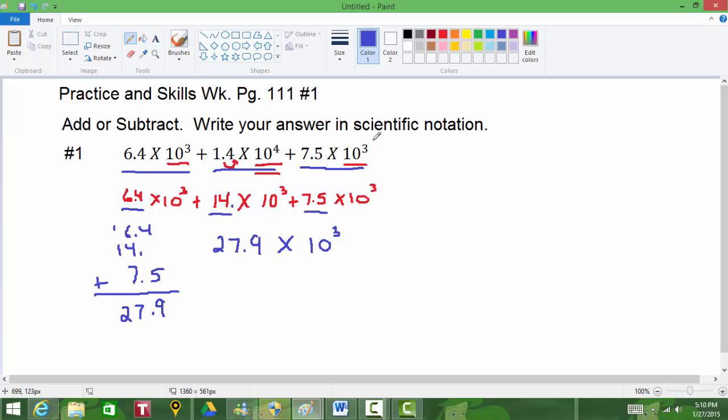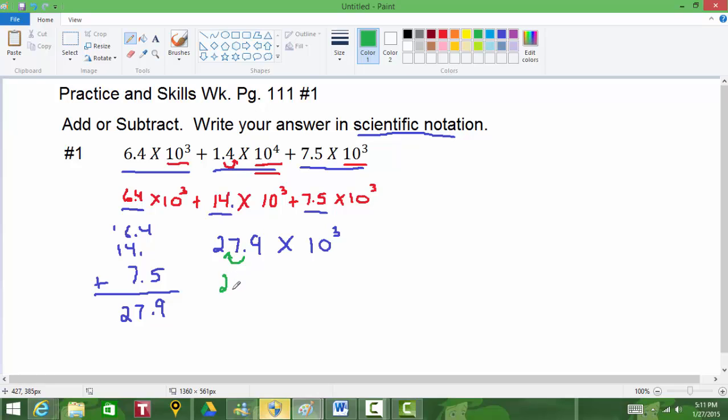Now on our problem they asked for our answer to be in scientific notation. One thing you're going to notice is this is not in scientific notation because this first factor is not between 1 and 10. So we're going to have to change it. Let me change colors real quick. Okay, to put this into scientific notation, I need to move this over one place value.